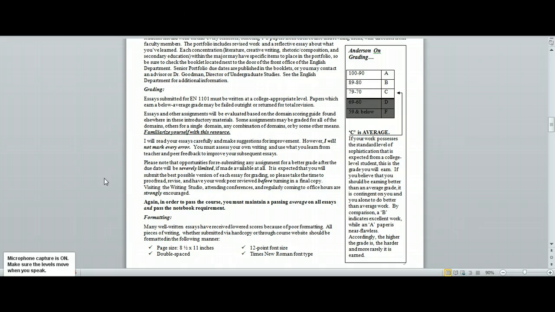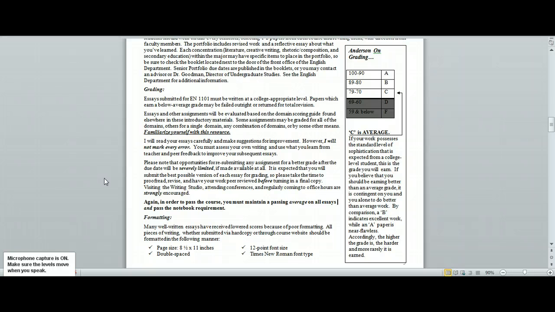Now, if you're consistently putting in good effort, and if you're also making sure to do some of the extra credit stuff, maybe putting in a few extra credit notebook pages or what have you, really understanding the system well enough that you know how you can get those points, then it's entirely possible that you will, through a combination of good, solid writing skills and good effort, be able to make that B or that A. But please, please don't take it as a given that you are going to get a specific grade just for putting in kind of the minimal amount of effort.